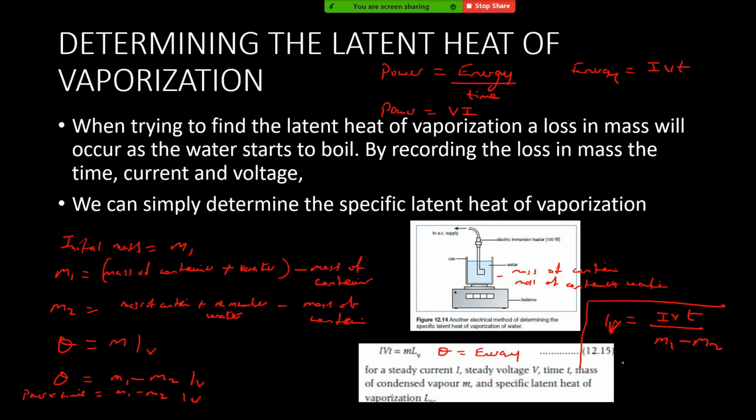Another method we could have used is obviously boiling the water and then condensing the steam back into liquid. The mass of liquid gathered would be the change in mass, and we could use that mass to find the latent heat of vaporization. If you check your textbook, you'll see that method in it as well.